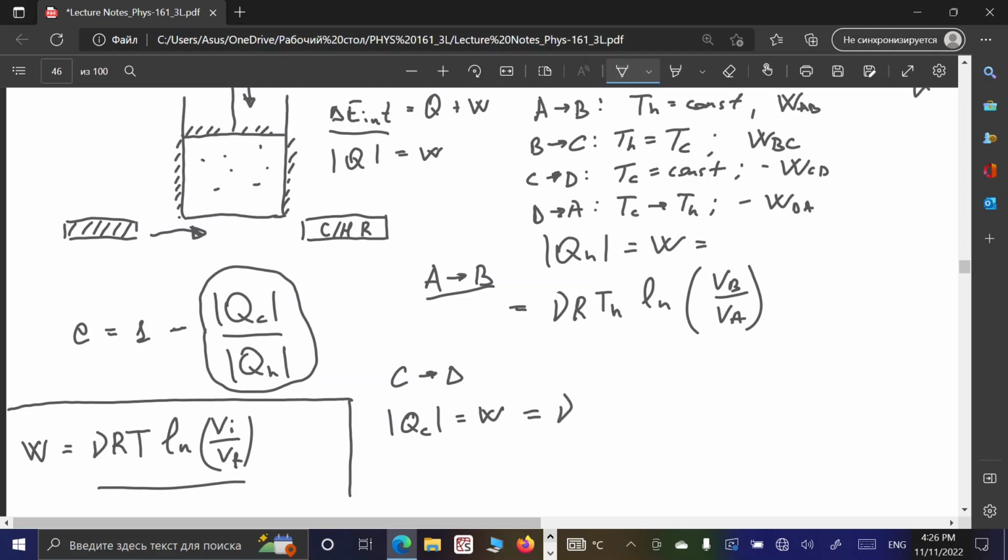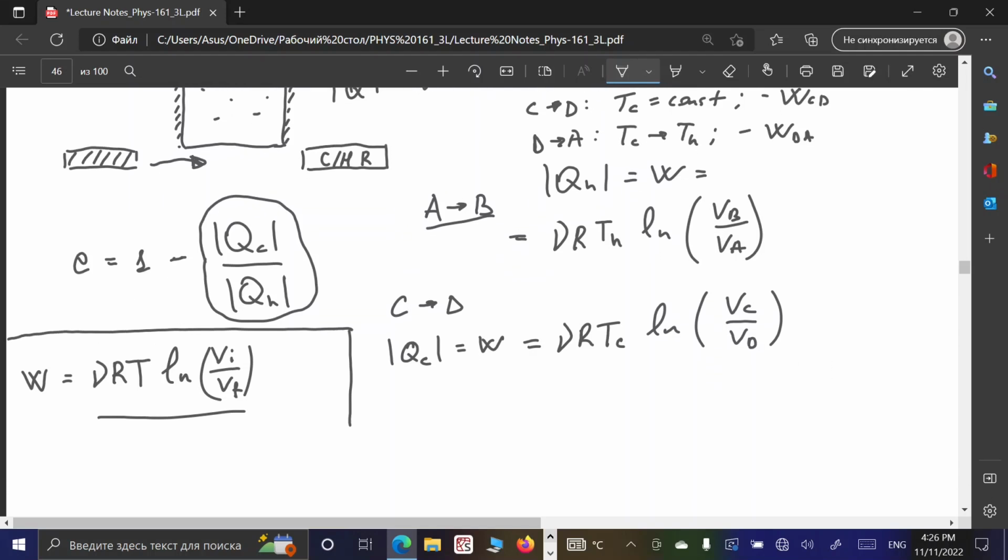So it will be nu times R times temperature Tc times the natural logarithm of Vc over Vd. Should be like this.